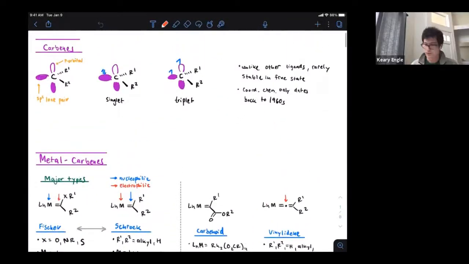Okay, so let's now jump into a discussion of carbenes. I'll first ground this discussion with stuff that you already know and should be familiar with, just reflecting back on what we already know about carbenes, not including the metal. The overall structure of a carbene is shown here on the left.